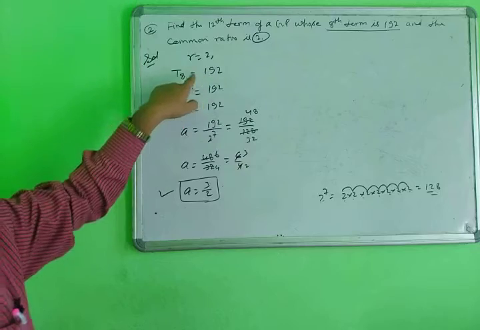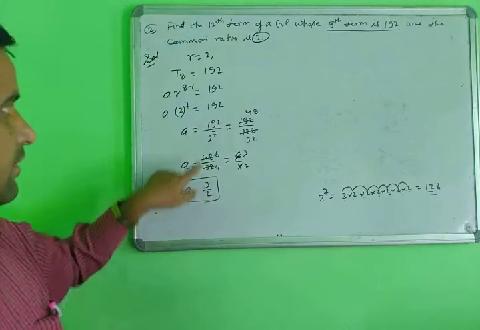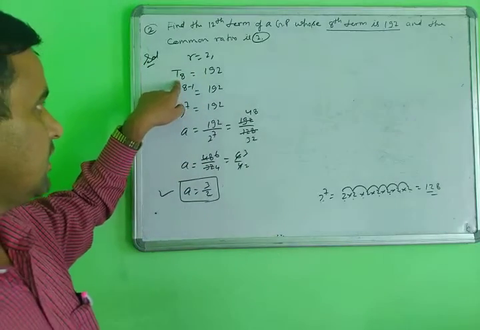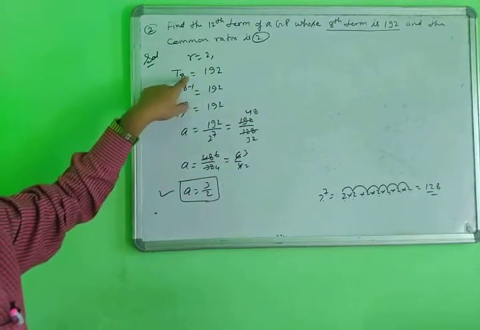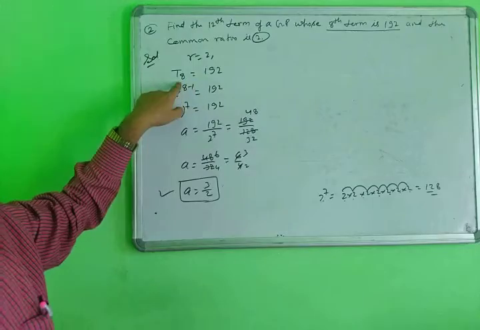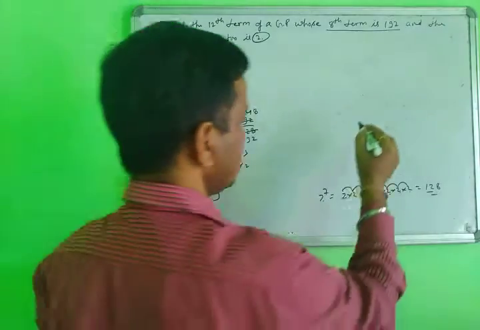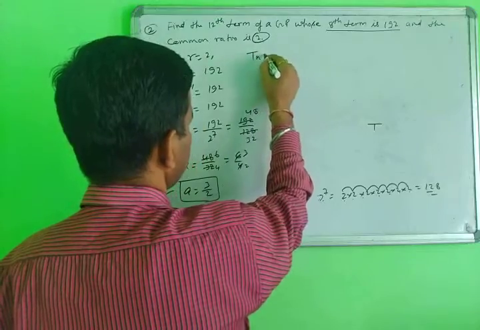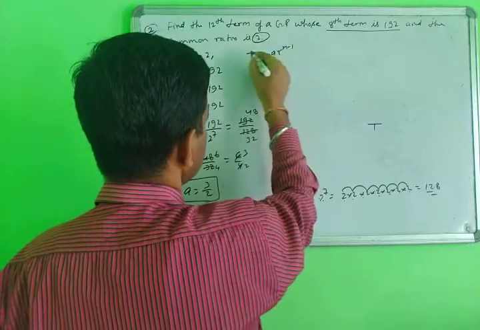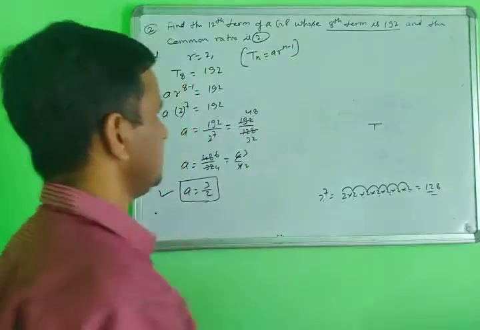So in this way you are getting the value of A from the given 8th term of this GP, which is 192. We use the identity of the general term. What is the general term? Tn equal to A R to the power n minus 1. This is the general form of the GP.